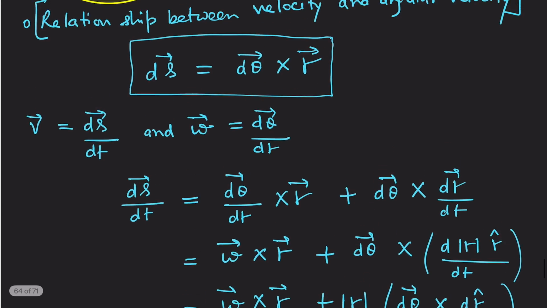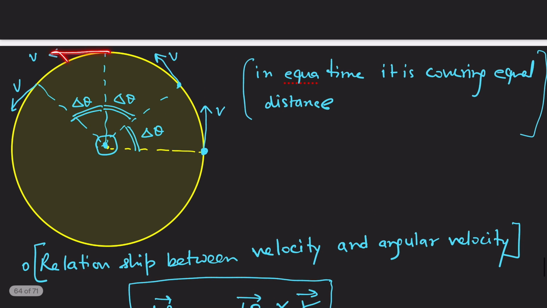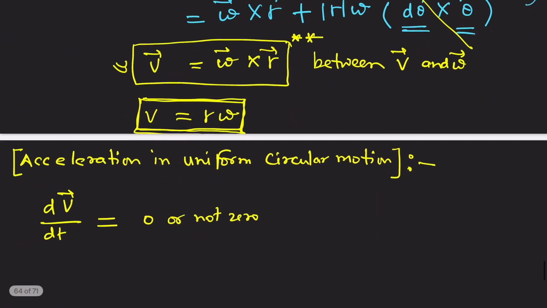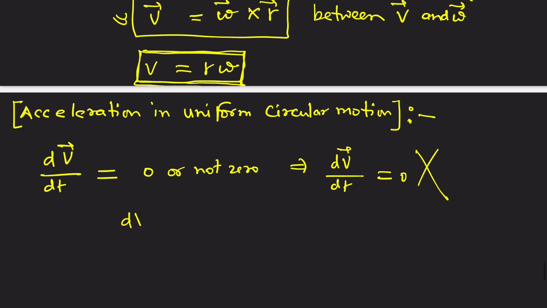If velocity keeps changing, of course the magnitude is not changing, but the direction is changing. Because the direction is changing, we can't say that dv by dt is 0. No, this is wrong. The answer would be that dv by dt is not equal to 0.